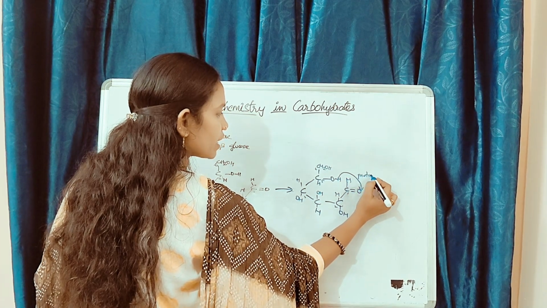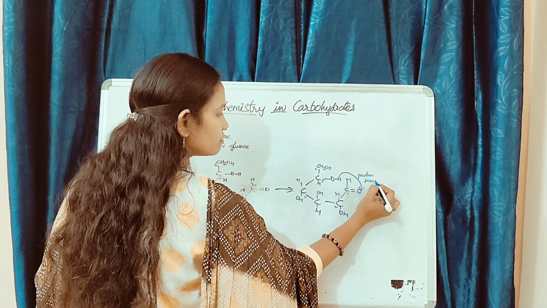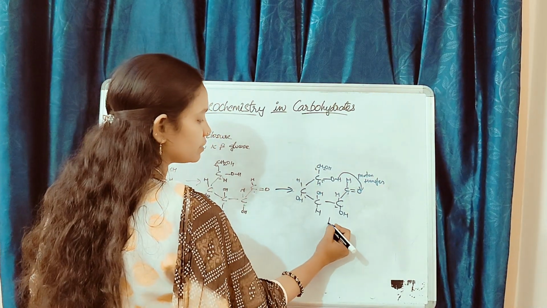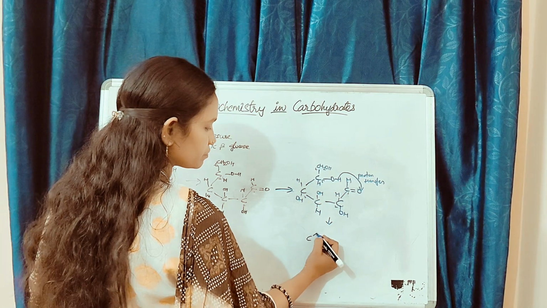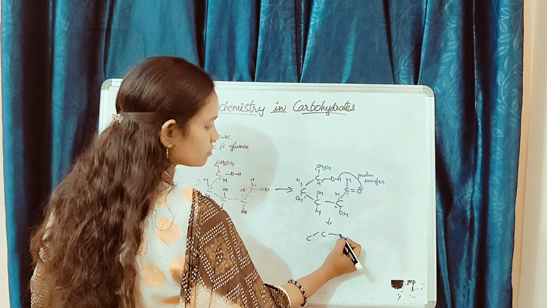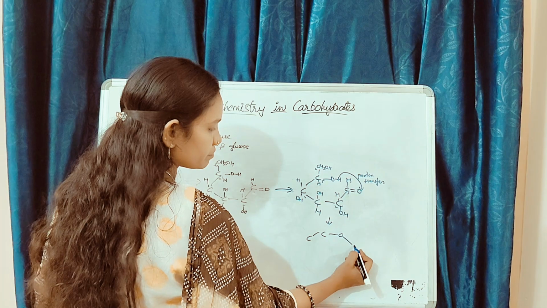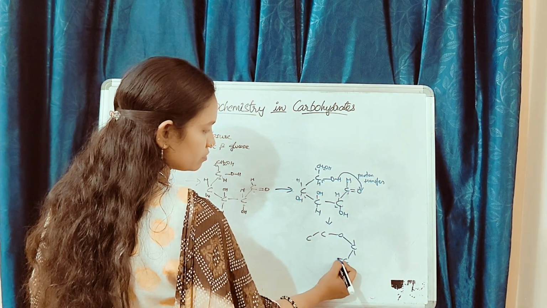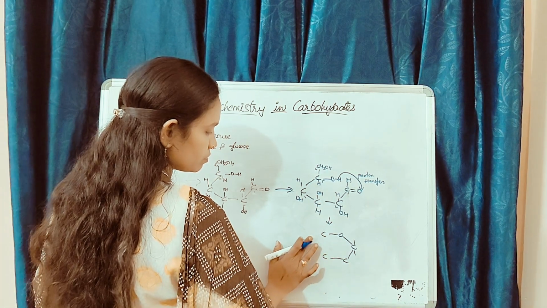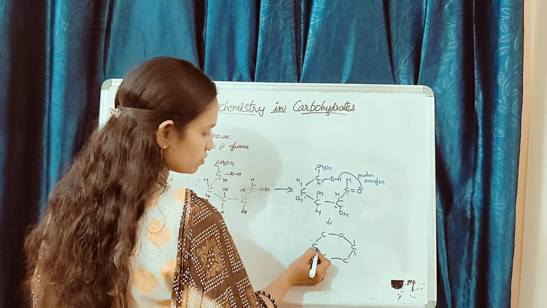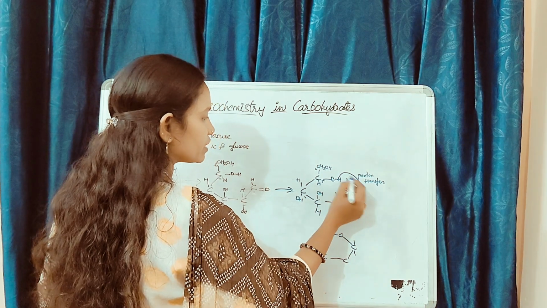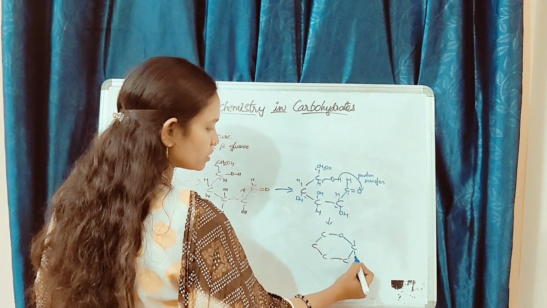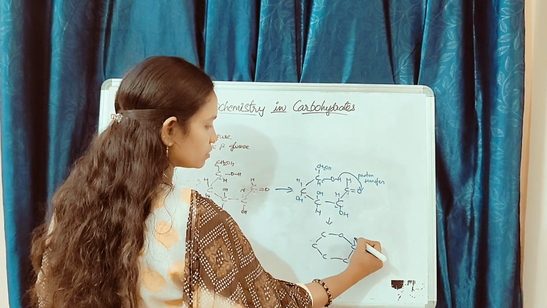Proton transfer means the hydrogen atom will bind to the oxygen, right? So let's see what will happen. Now there is a transfer of proton. Now this H will combine with oxygen to form hydroxyl.